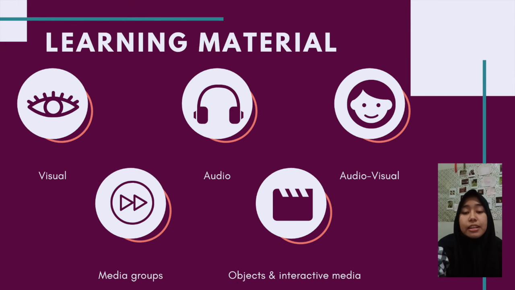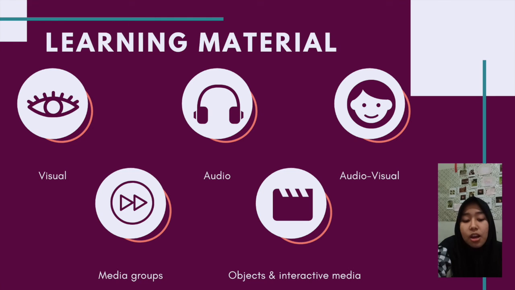The last is learning media. Learning media can be divided into 5. The first is visual. The media can only be seen by using the sense of sight. The media is usually used by the teacher to deliver material or lessons. The second is audio. Media containing auditive messages that can only be heard. This media can only be used by those who already have the ability to think abstractly.